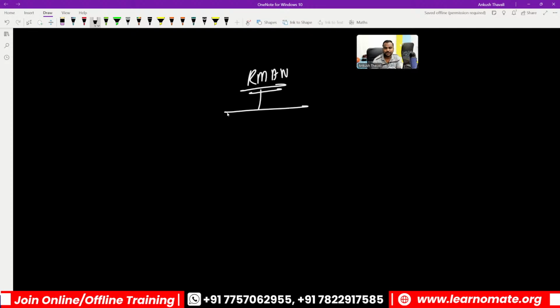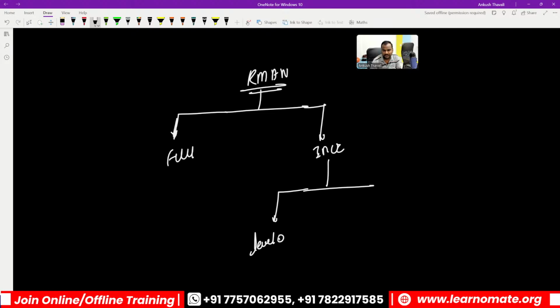In this RMAN utility, we have two types of backups: full database backup and incremental backup. In a real-time production environment, this incremental backup is again divided into two more parts: level 0 backup and level 1 backup.